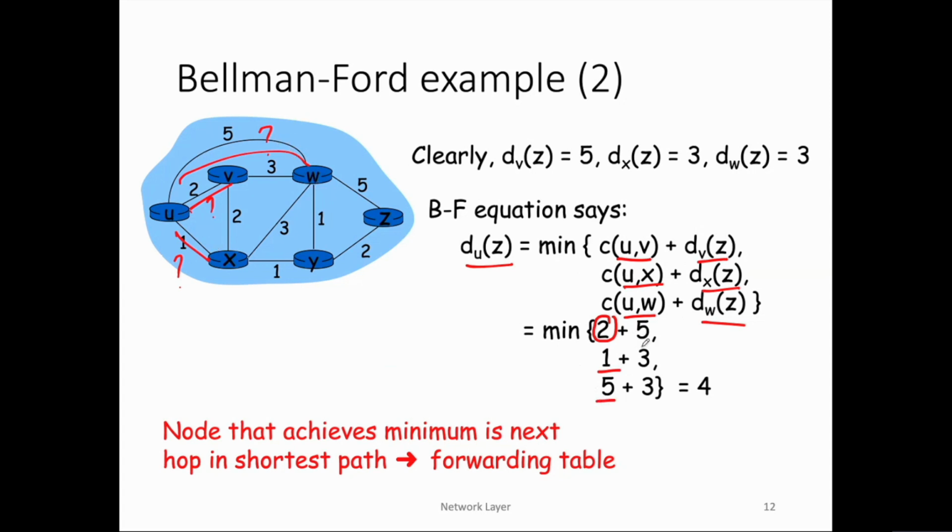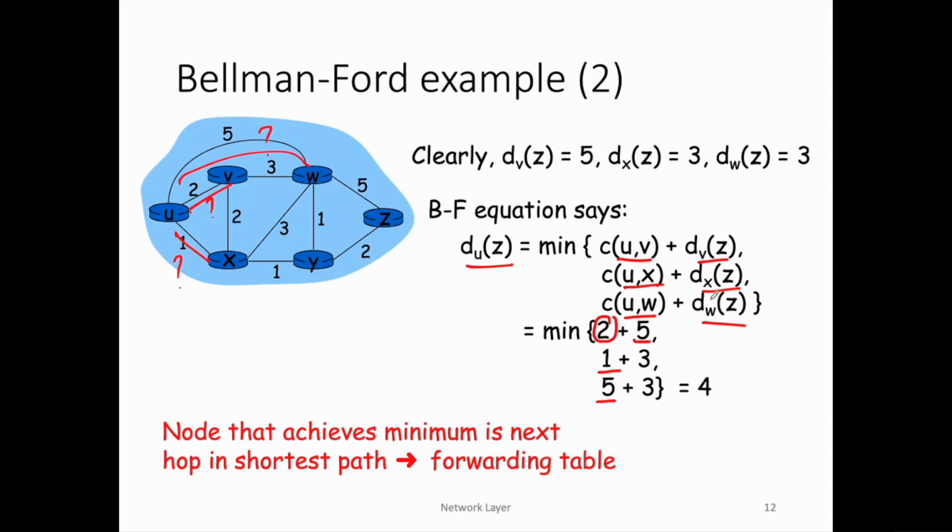But what's the least cost to reach from v to z? So what's the least cost to reach from the neighbor v to z? Yeah, the least cost from v to z is from v to x, which is 2, and then from x to z, which is 1 plus 2, 3. So 2 plus 3 is 5, right?